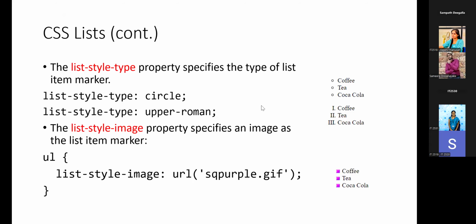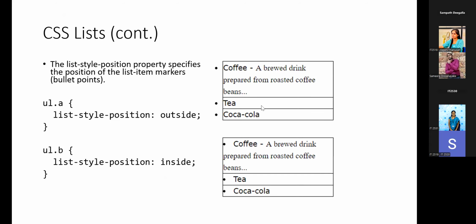Similar to that, we can make some changes to how you apply the positioning. You can see here we have list-style-position. You can have the markers outside, or you can say whether you need them inside. Depending on your requirement, you can put the marker outside or inside.